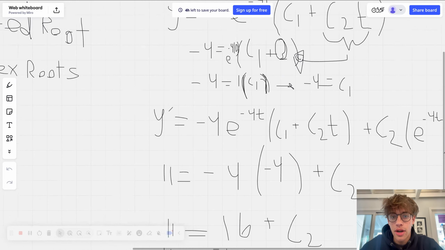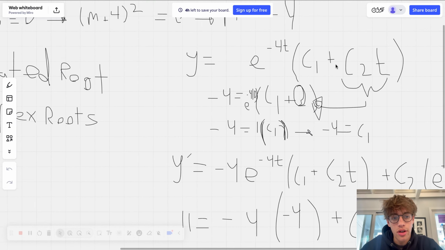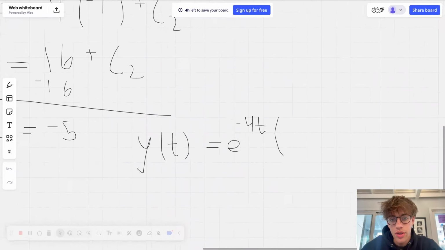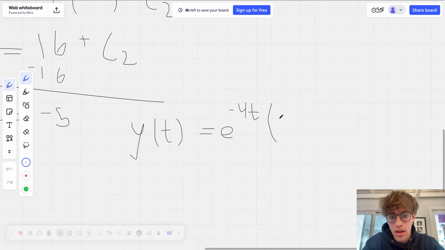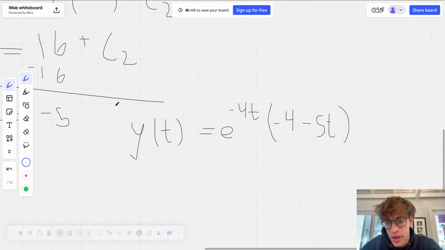And then we have C1 plus C2t. So C1 was -4, and then minus 5t. Boom. All right, that is the answer to the first one.